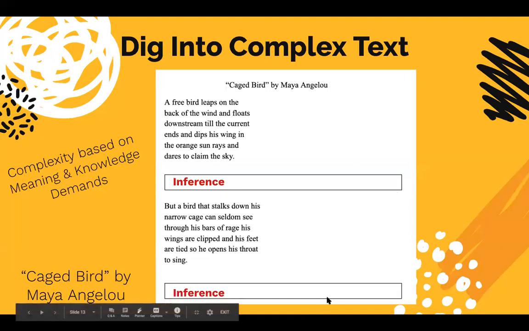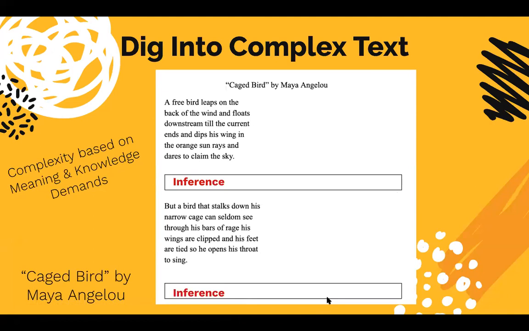Here I share with you another example of a complex text. The reason that this text would be considered complex is because of the meaning and the background knowledge demands that it is requiring. So the way I might scaffold and encourage my students to think more critically about this particular poem is I would chunk it by stanza, dig into each stanza, and then have my students draw an inference after each stanza.